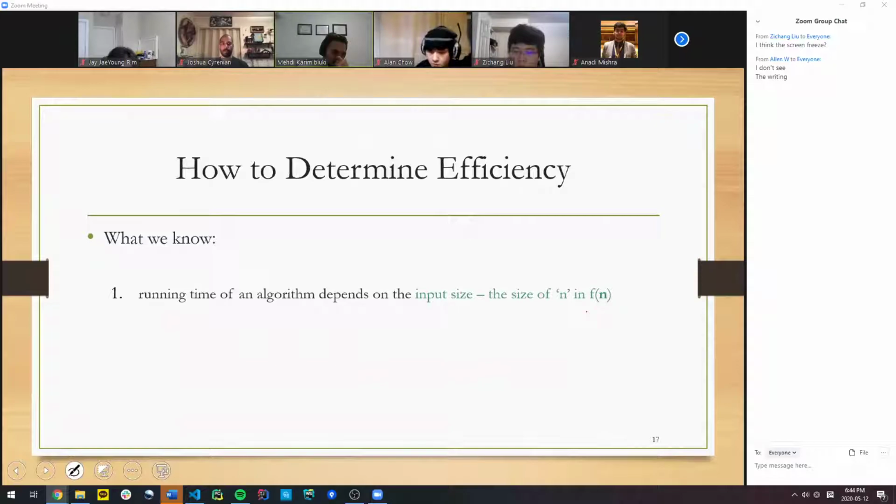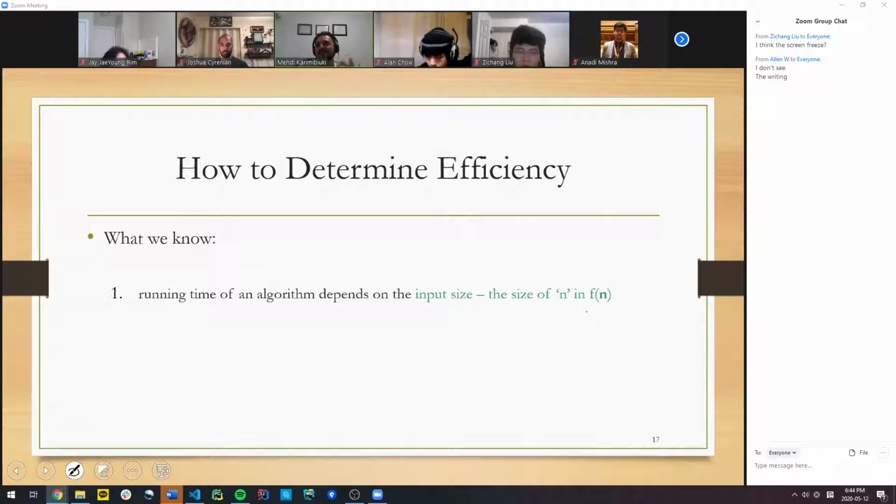So there are different elements that we have to consider to determine efficiency. The running time of an algorithm depends on the input size. We usually refer to the input size as n, and the function to be solved depends on the input size, so the function is f(n).